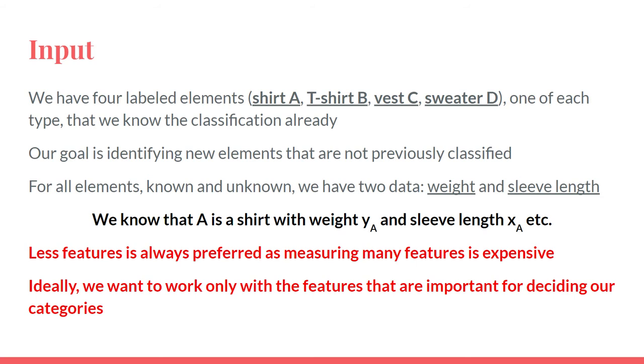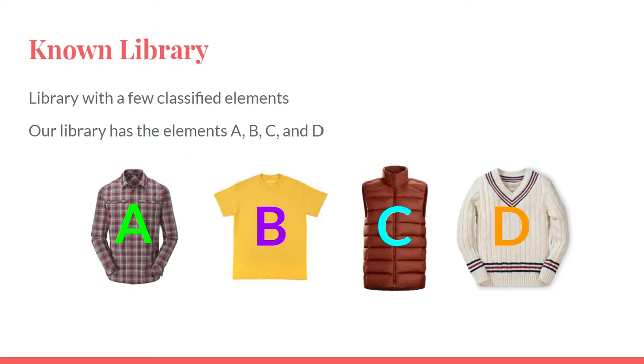Instead, it is always better to work with few features, only the most important features. The most important features are the ones that allow us to differentiate between our categories. The set of known elements will be called our library. So, in this example, our library has the 4 elements: A, B, C, and D.